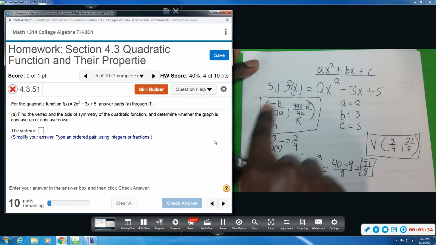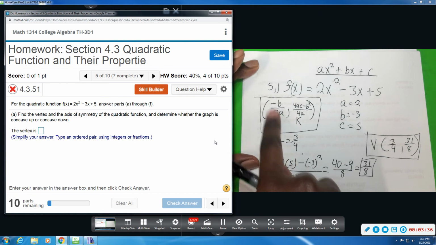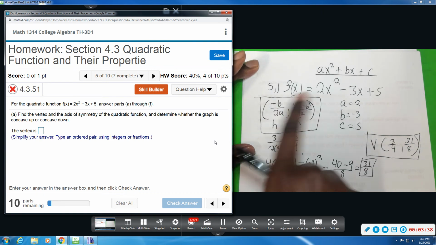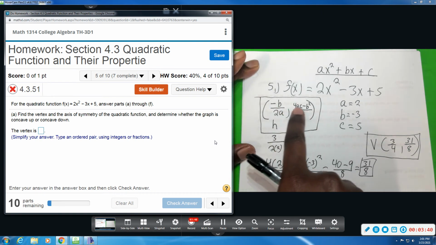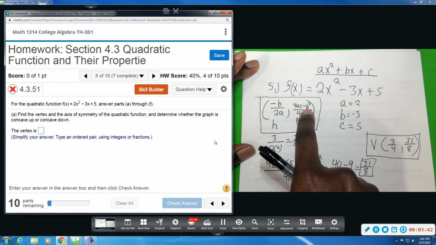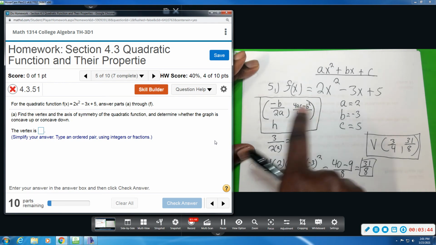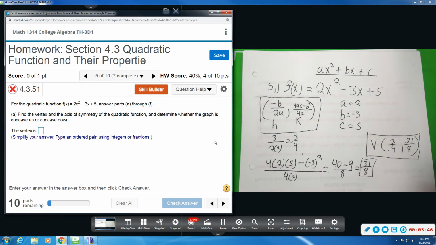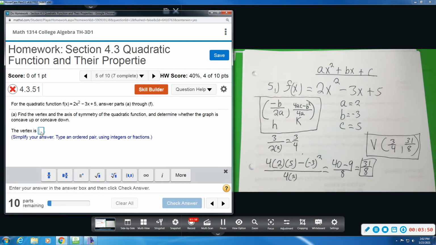A lot of these parts should remind you of the quadratic formula. Negative b, you've got the plus and minus, the square root of b squared minus 4ac, which is just reversed, and then all over 2a. So all of that part is similar to the quadratic formula. So in this case, we have 3/4 and 31 divided by 8.